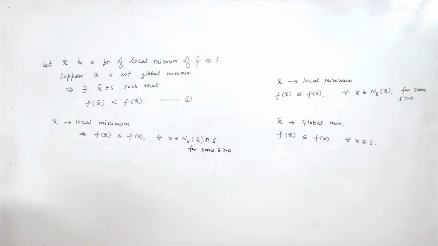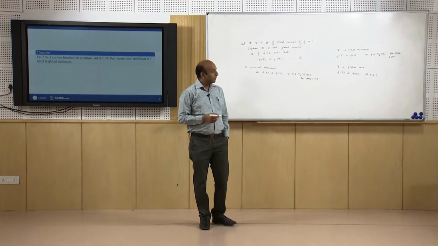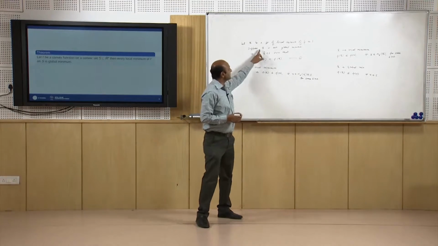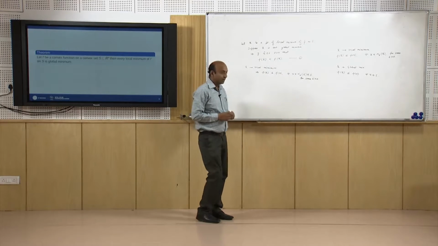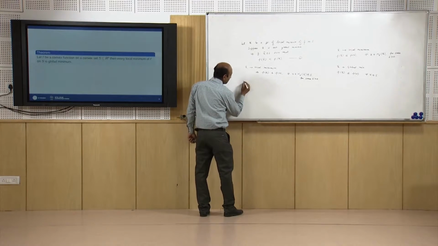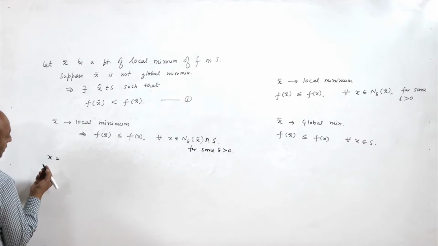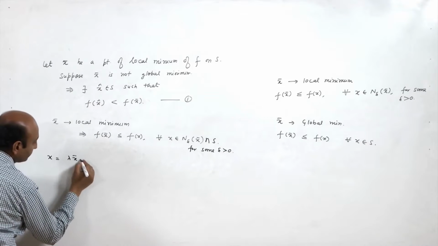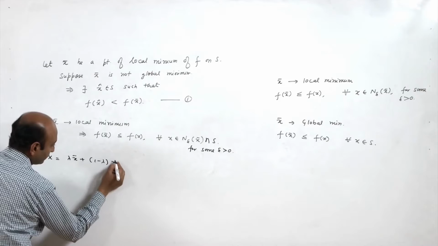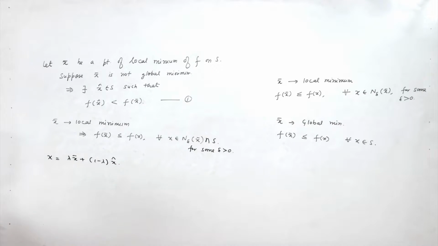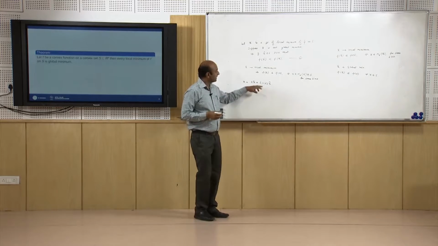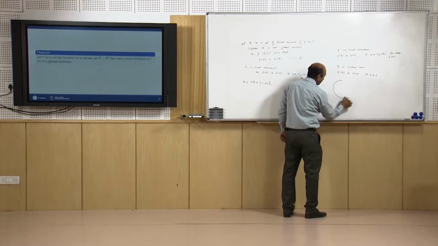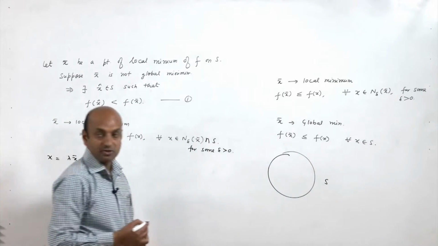Now, anyhow we have to establish a contradiction, then only we can say that x bar is nothing but global minimum also. So, take a convex linear combination of these 2 points, x cap and x bar. Now, this is the convex set S, which is given to us.